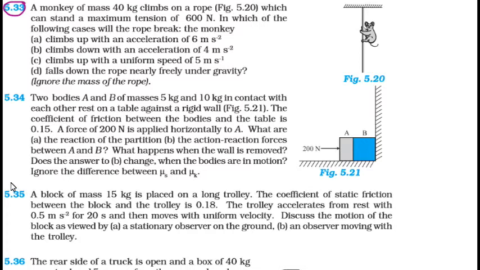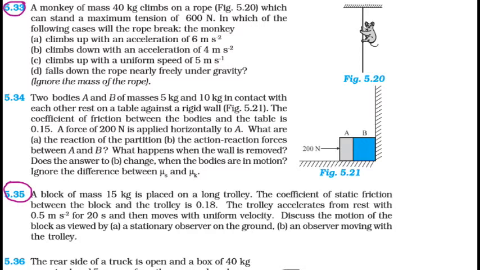Now let us see question number 5.35. A block of mass 15 kg is placed on a long trolley. The coefficient of static friction between the block and the trolley is 0.18.